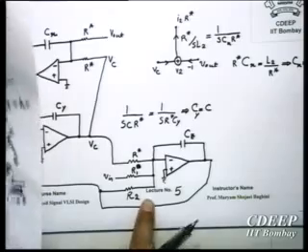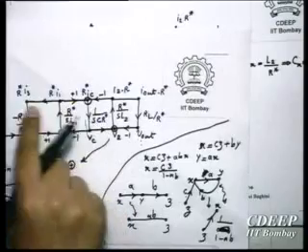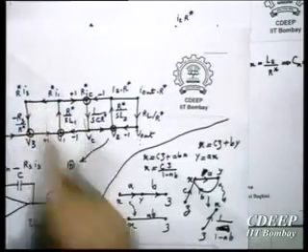If we don't put it like this, then we will use one simple 2-input, and then here we will use a simple amplifier.